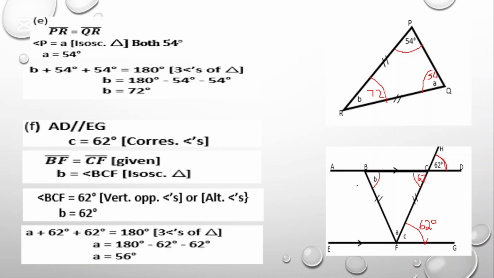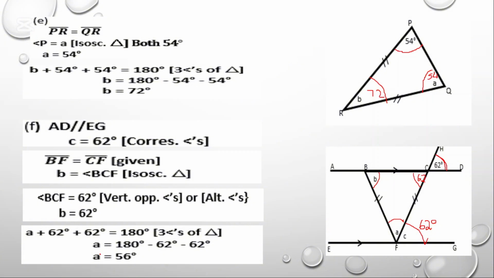Now we get to A. So A plus that 62 plus that 62. 3 angles of a triangle, right? So we use that one. 62 plus 62 plus A equal to 180 degrees, 3 angles of a triangle.